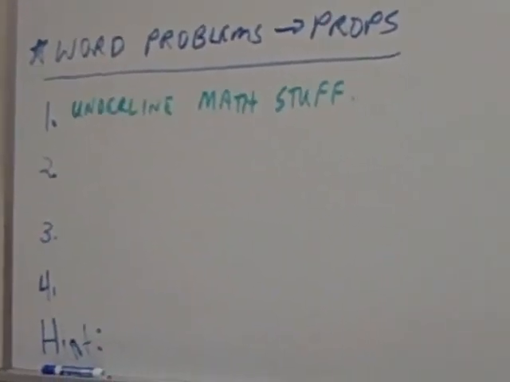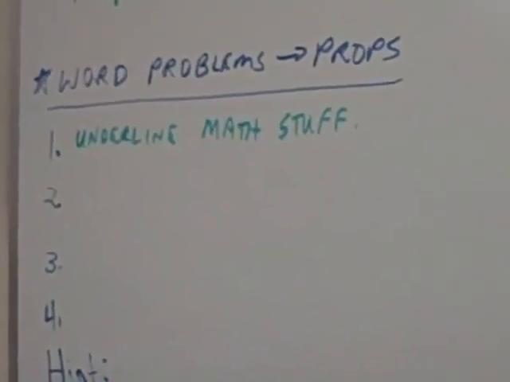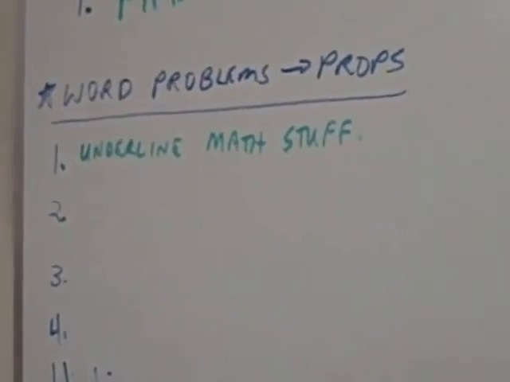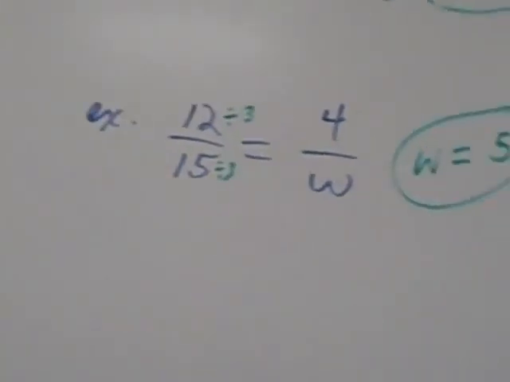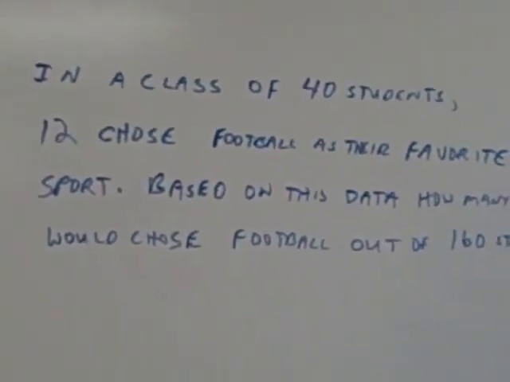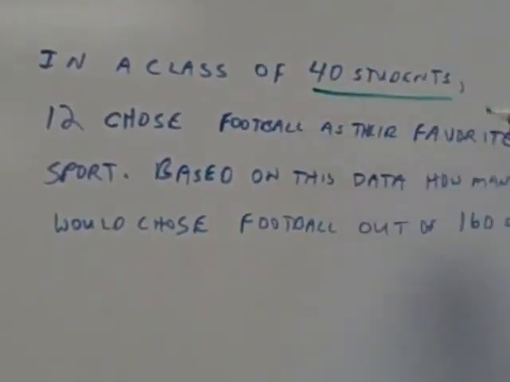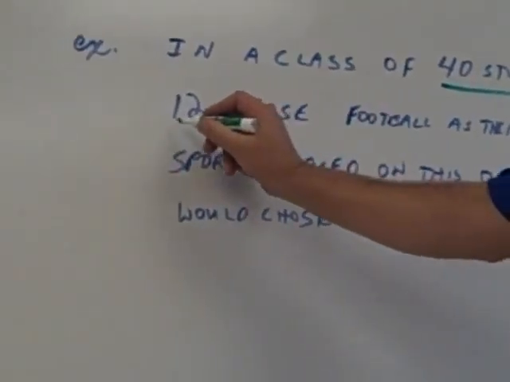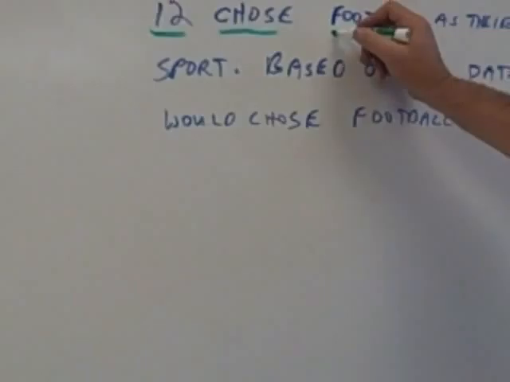So we come over here and we read, in a class of 40 students, 12 chose football as their favorite sport. Based on this data, how many would choose football out of 160 students? Do you see any math? Yes. 40 students. 12 chose football.